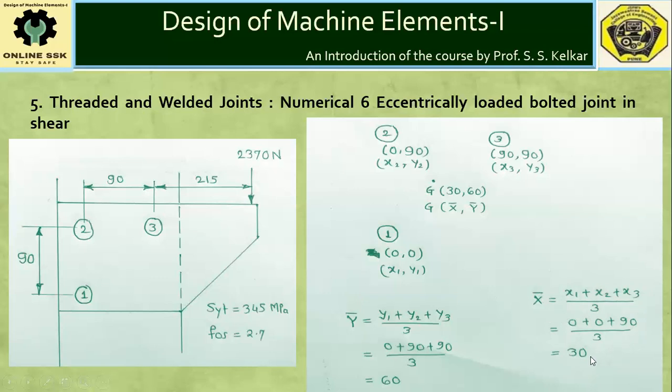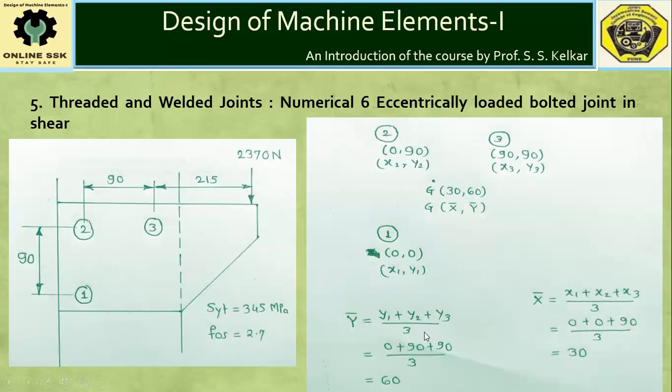With x1 being 0, x2 being 0, and x3 being 90, x bar happens to be equal to 30. On similar lines, the y coordinate of the center of gravity is calculated as y1 plus y2 plus y3 divided by 3, since three bolts are used. We add the y coordinates of all the bolts and divide this sum by the number of bolts.